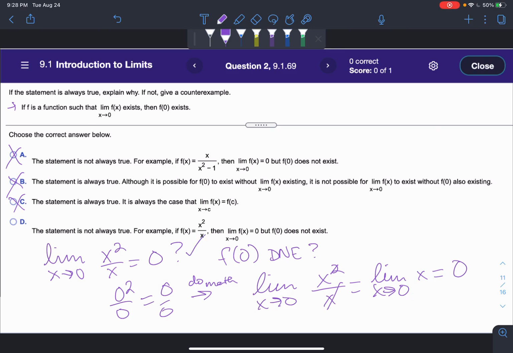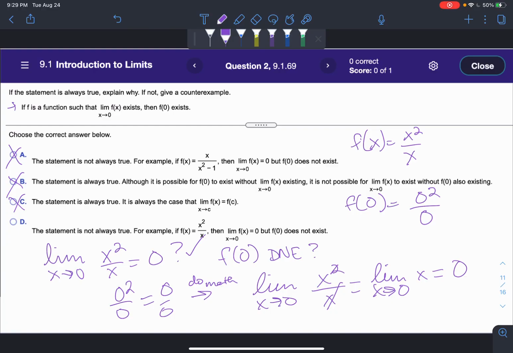So now we need to find what f of 0 is. If we try to plug in, we get 0 squared over 0, indeterminate. However, let's consider the domain of this function. So f of x equals x squared over x.